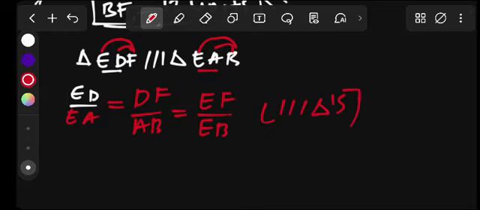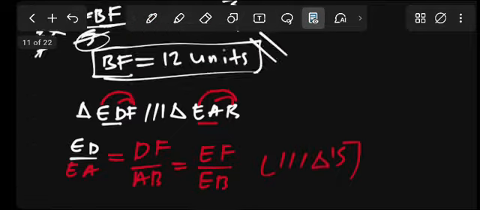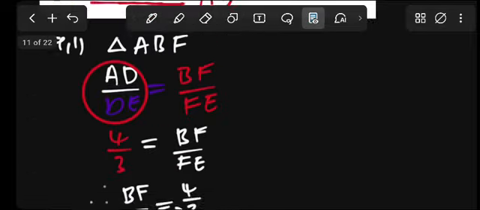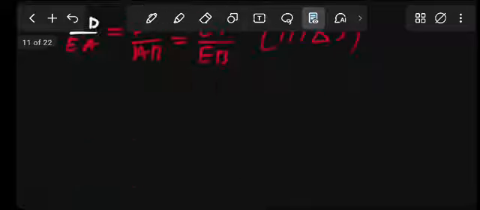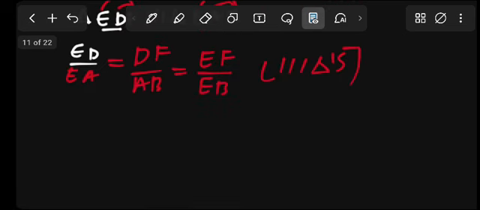That's the reason there. Also here you are supposed to say proportionality theorem. All right, so this is what we have.